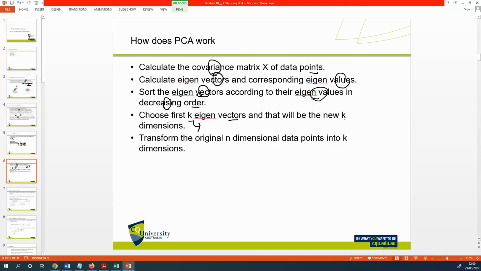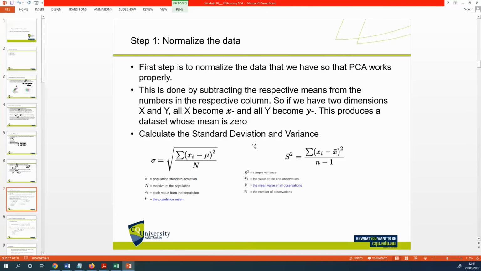K meaning maybe we can use 2 dimensions or the first 3 dimensions from the highest eigenvalues. And then we transform the original n-dimension data points into k dimensions, using the scalar into the dimension.